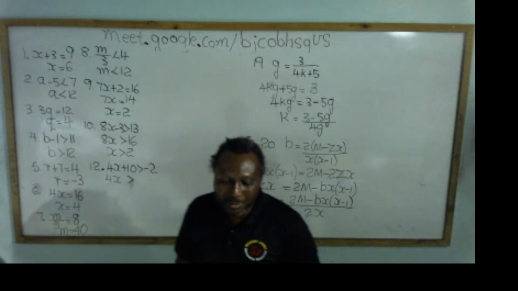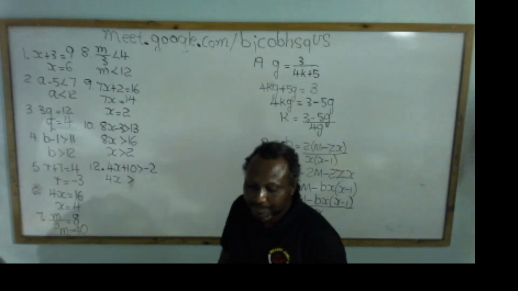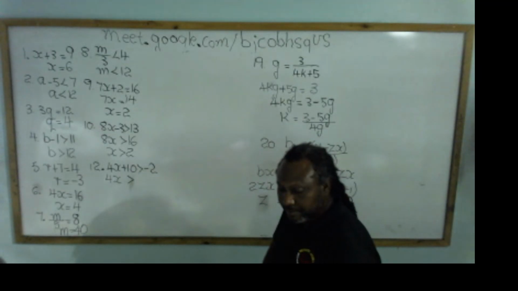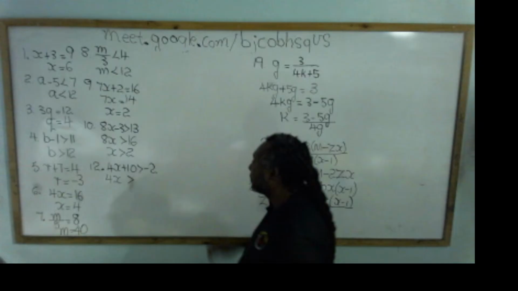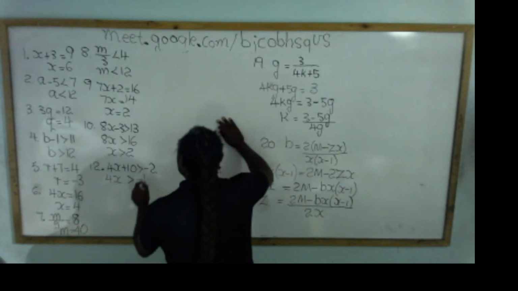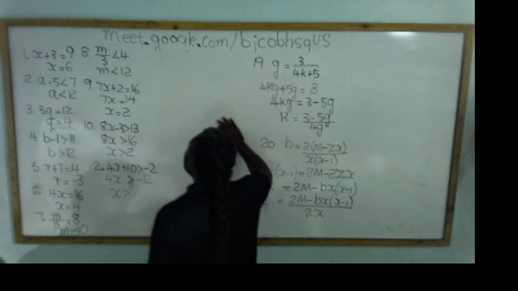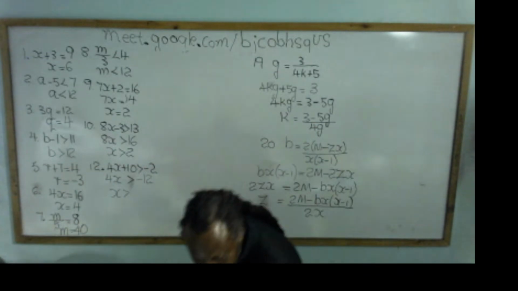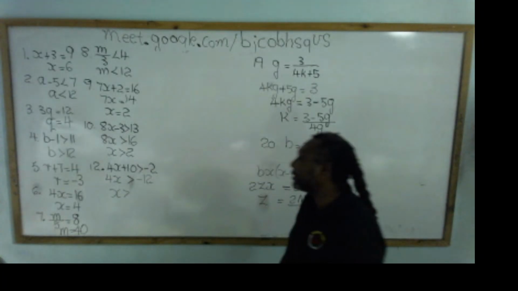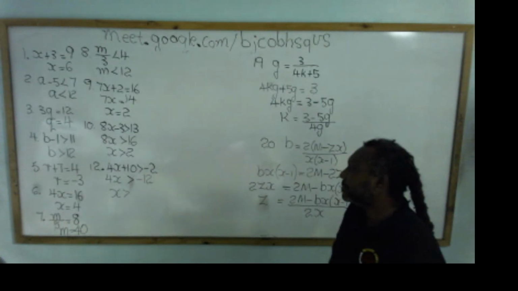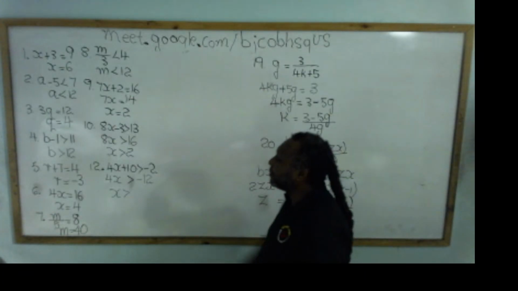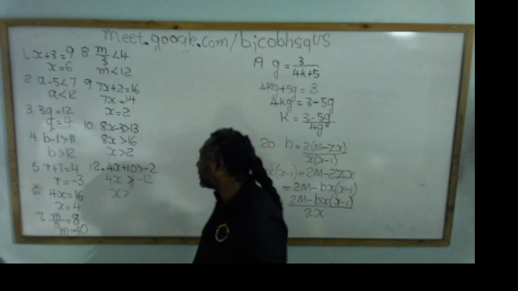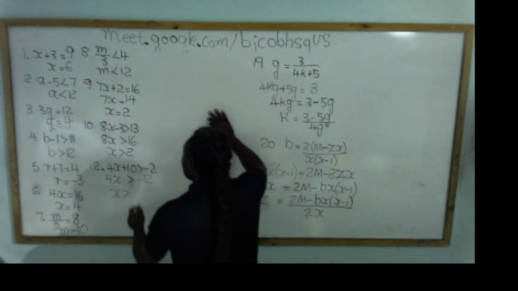So x is greater than what? We are multiplying by 4 here, so we need to divide both sides by 4. So negative 3.